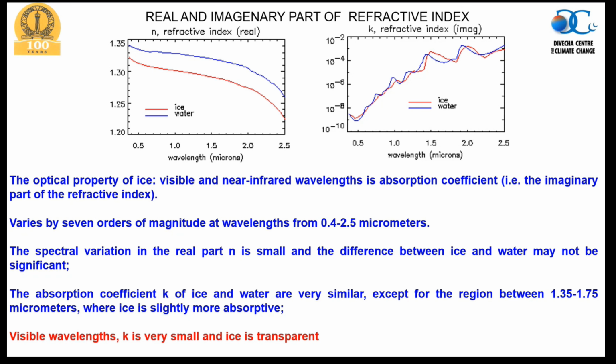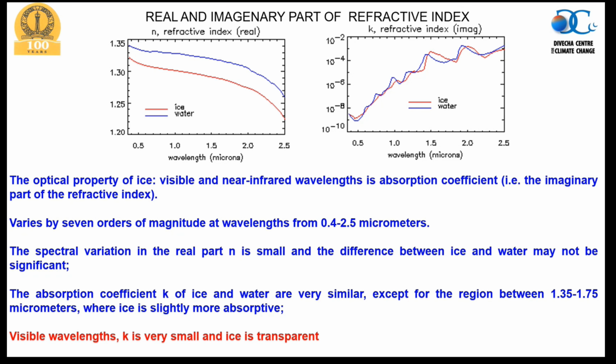The reflectance of any object fundamentally depends on the refractive indexes. Many of you are aware that there are two parts: the imaginary part of the refractive index and the real part.